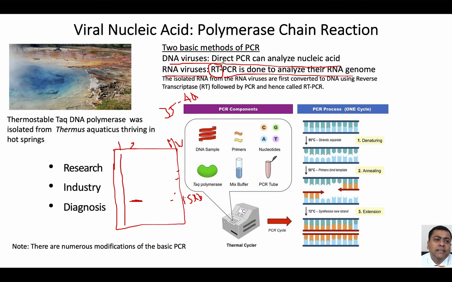That's your RT-PCR. The second difference is that the PCR you do is not this type. Nowadays we call it real-time PCR, or quantitative PCR, or qPCR. There is a fluorescence chemistry where many of the nucleotides are fluorescently labeled, not radioactive.